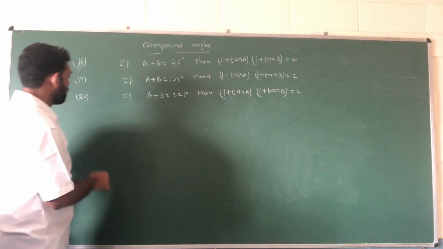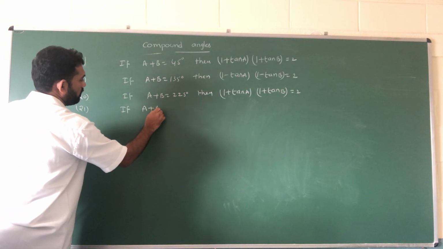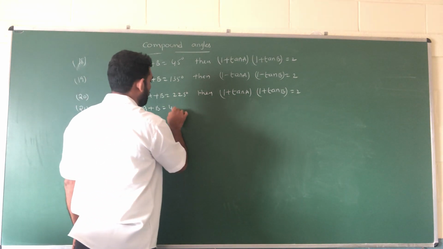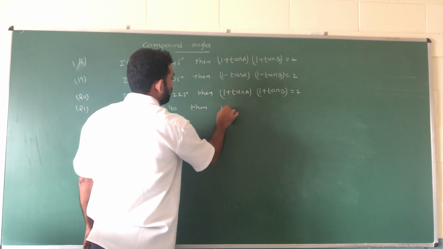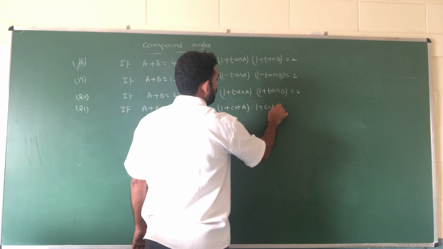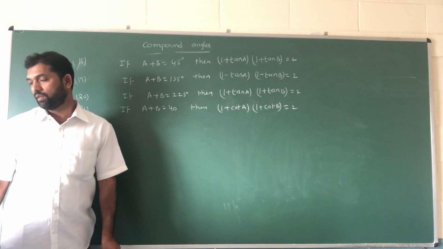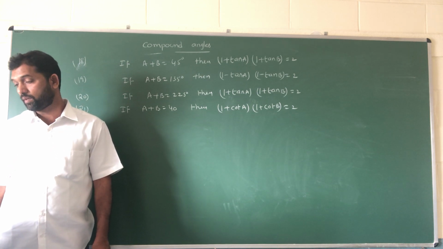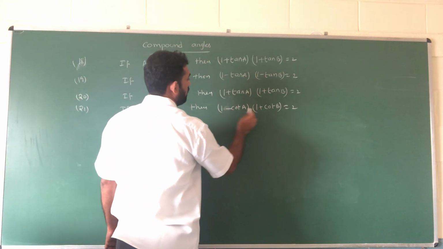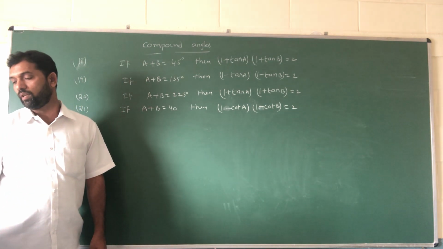Similarly, 21: if A plus B is equal to 45 degrees, then 1 plus cot A into 1 plus cot B is equal to 2.